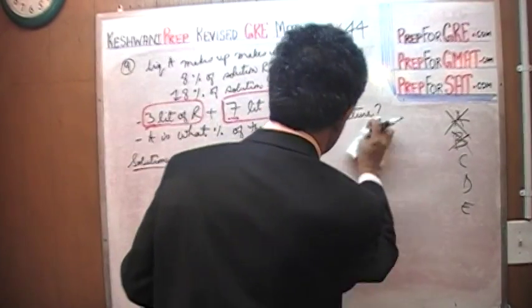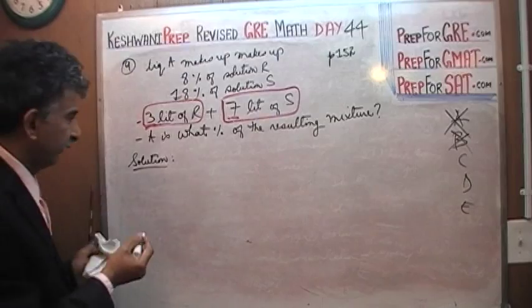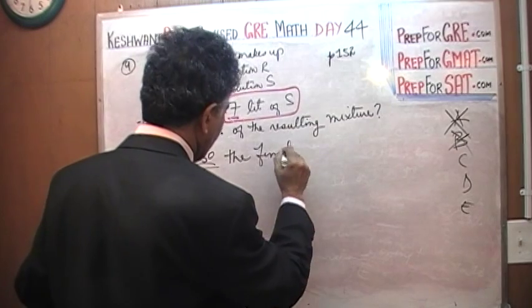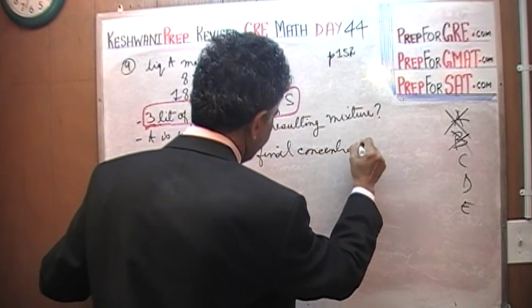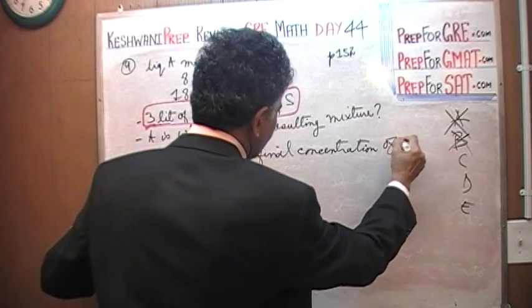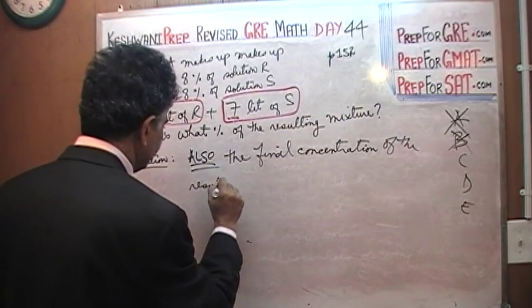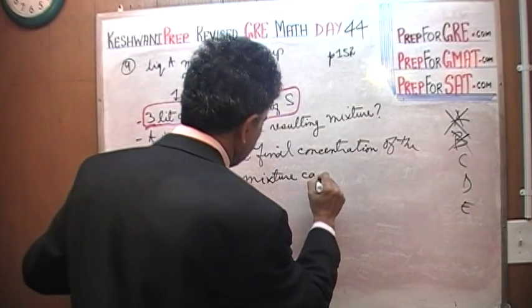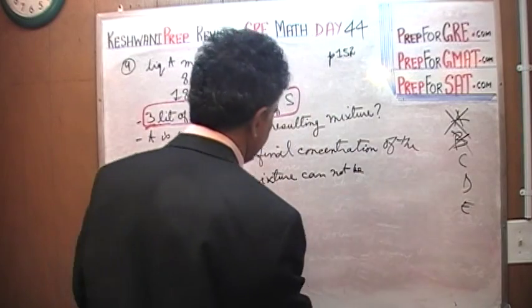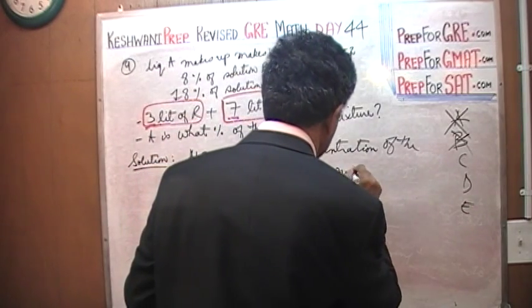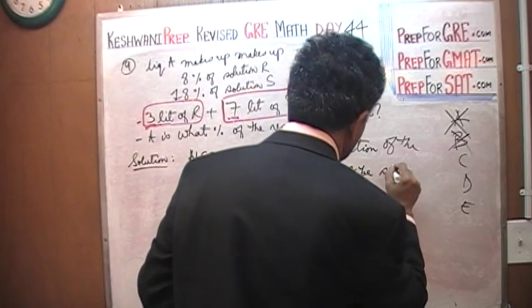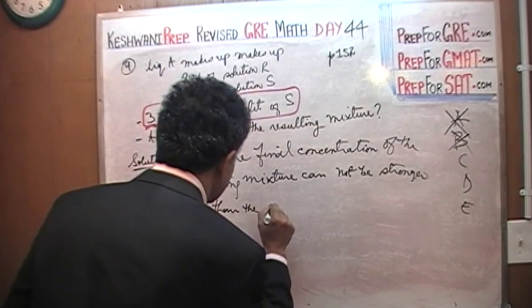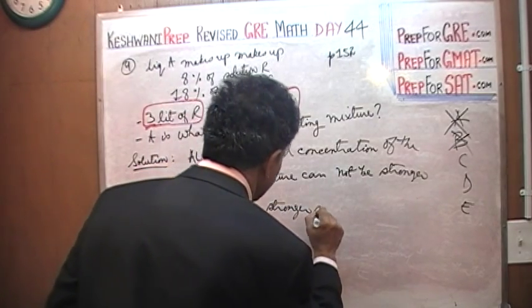This is the continuation of the solution, the second step. Also, the final concentration of the resulting mixture cannot be stronger than the stronger solution.